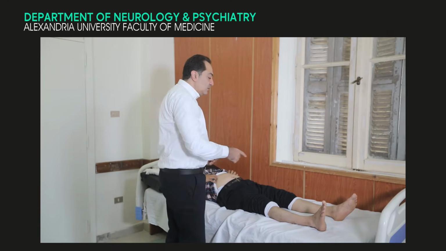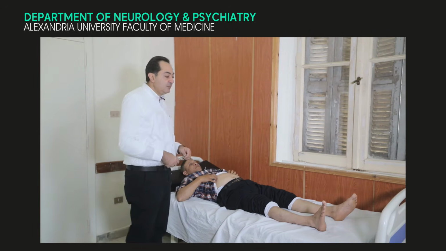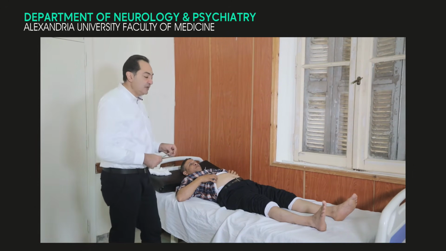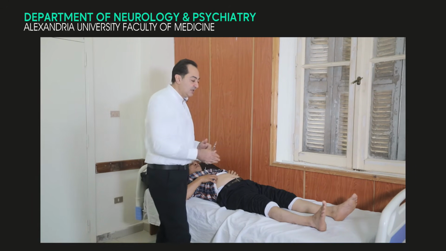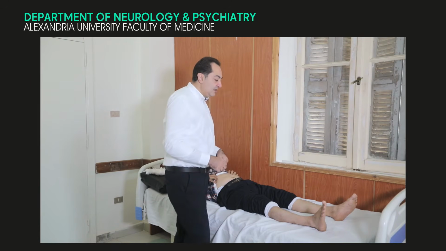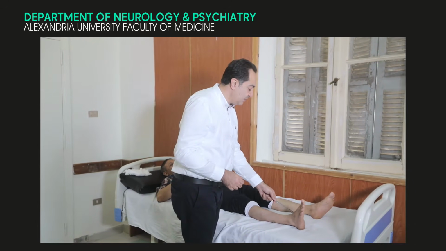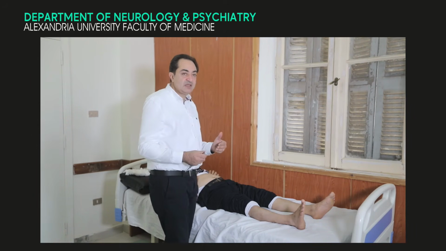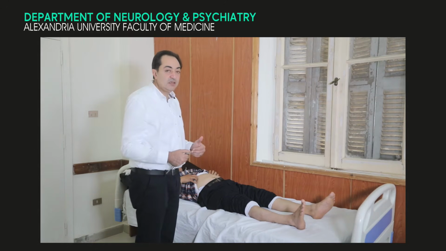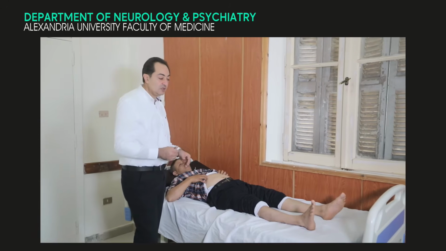So if the patient feels it here, the deep sensation carried by the posterior column is intact. If the patient doesn't feel this at the medial malleolus, we are aiming to see if this is a peripheral neuropathy or a spinal cord lesion.